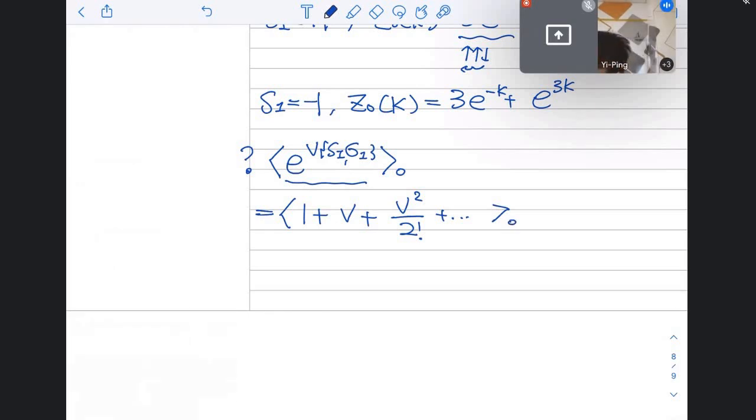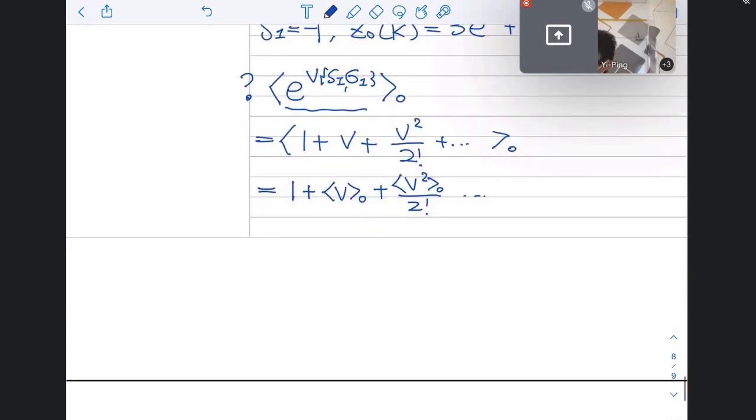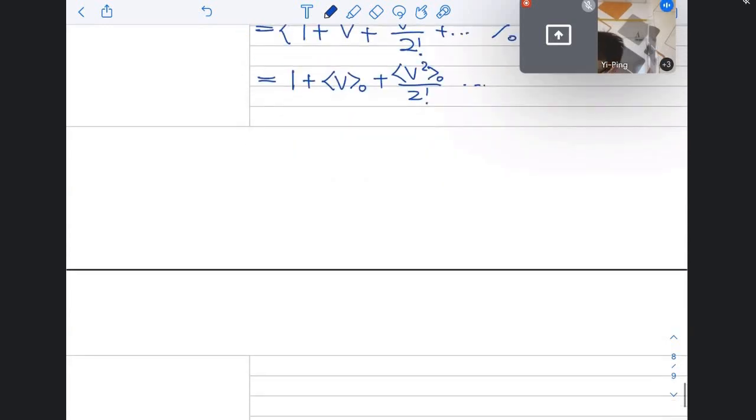And because the average is a linear operator, you get something like this, etc.